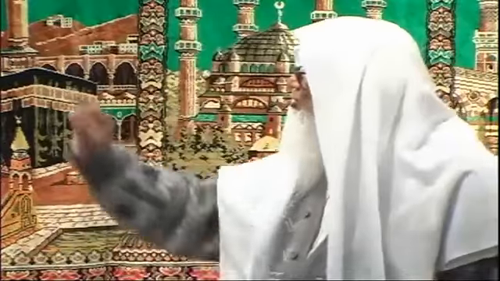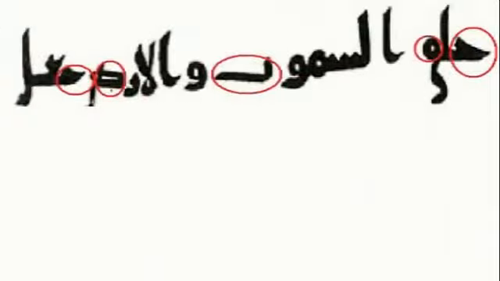The second element is the dots, which were added later on. For example, khalaqa, kha has no dot. Qaf has no dot. Samawat, ta has no dot. Now in those days, the Muslims knew the Quran by heart.